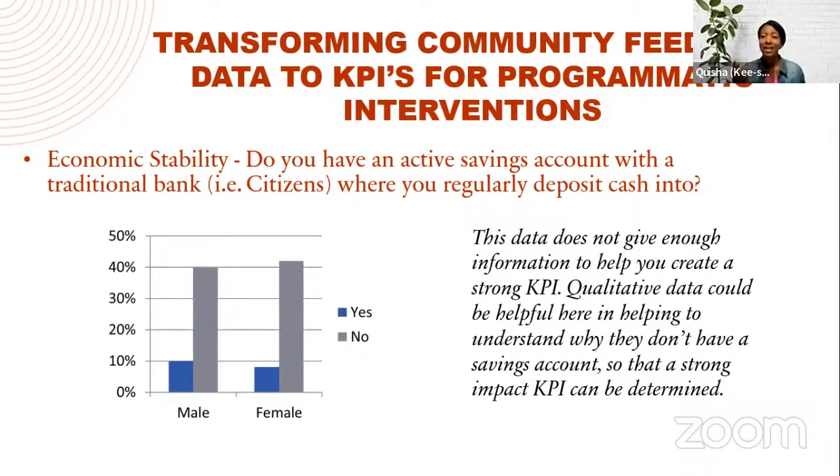In order to really get to the truth, the real underlying issue, you have to have that why question answered. And that comes in your qualitative data. A lot of organizations will push that qualitative data off to the side and really focus and hone in on the quantitative, how-many type of data.